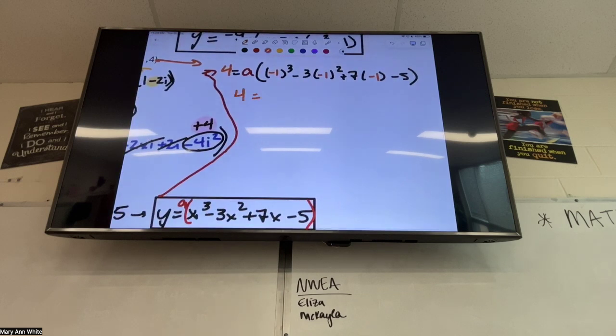Four equals a times -1 plus -3 plus -7 minus 5. Ooh, that's a lot of negative numbers. 4, -11, -16. And then we'll divide by 16.